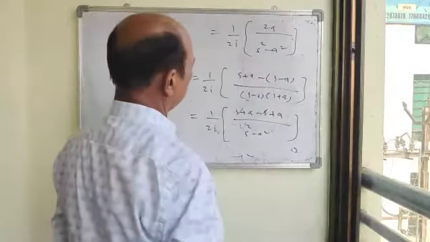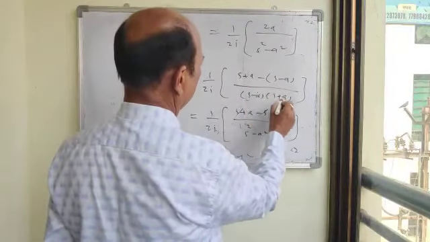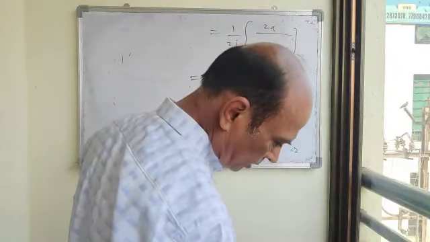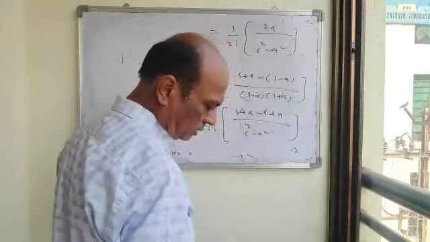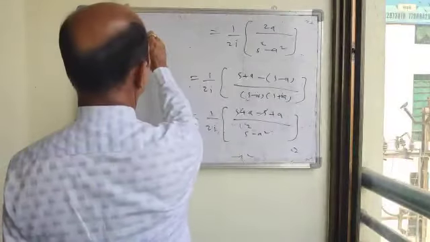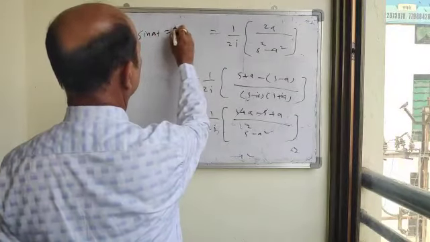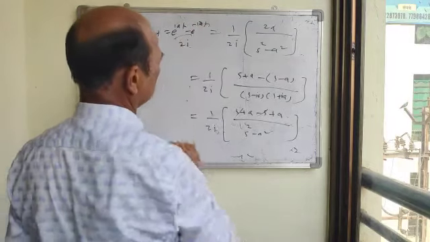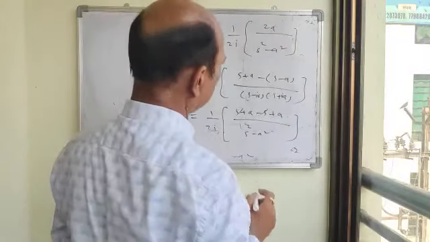No, this is s minus i, this is s plus i, because sin at means e to the power iat minus e to the power minus iat divided by 2i. So there is a correction.